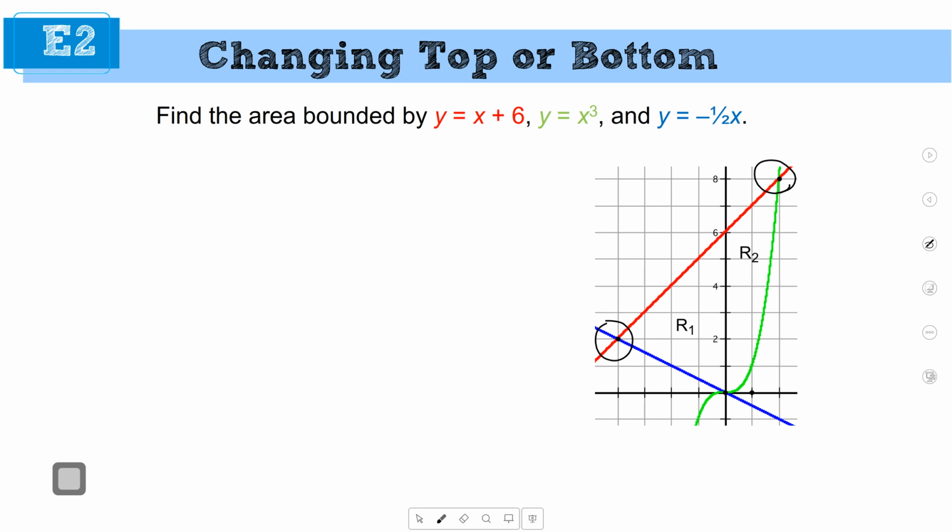To find this one, set the blue and red equation equal to each other, and this one set the red and green one equal to each other and solve. You should have 2 representative rectangles for this problem.